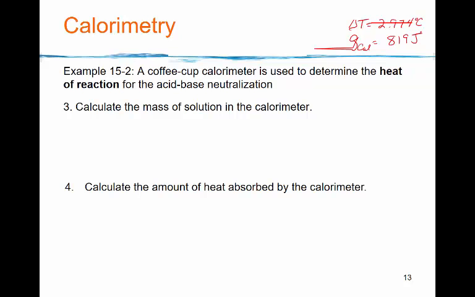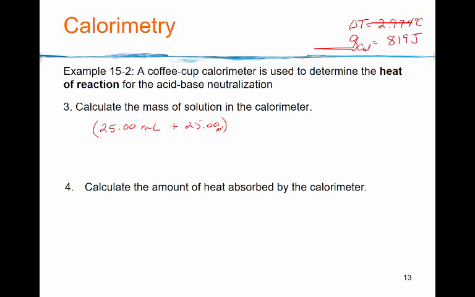And so now we're going to calculate the mass of the solution. We have to know that if we're going to calculate the heat of reaction. In this particular case, they told us how much we had: 25 milliliters of one of them and 25 milliliters of the other. They already told us that their heat capacity is pretty close to water, and their density looks like it's pretty close to water.